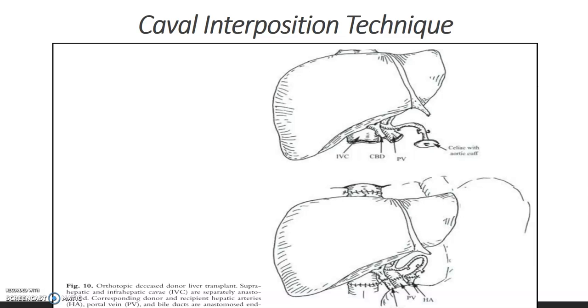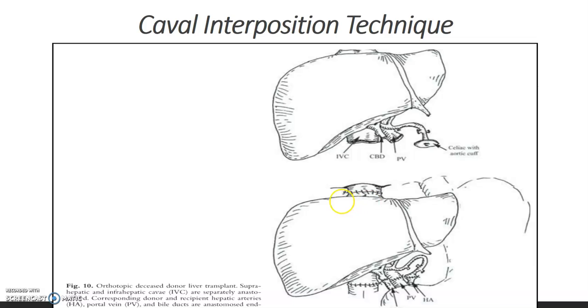The first technique we talk about is caval interposition technique. In this case, the recipient hepatectomy is performed with retrohepatic IVC.